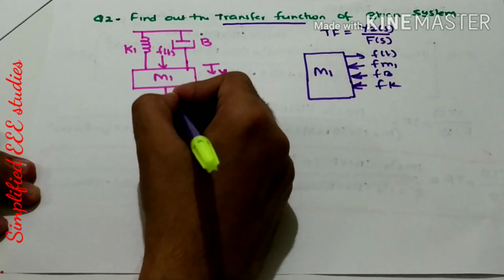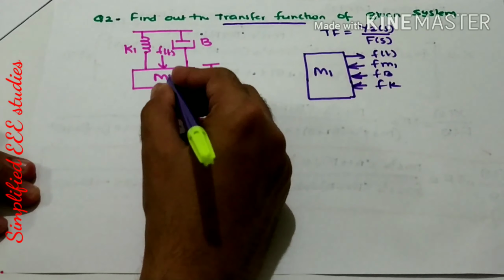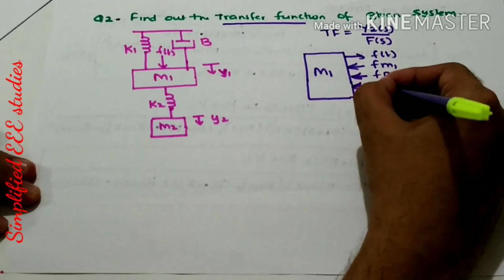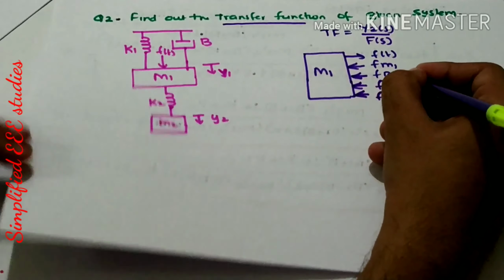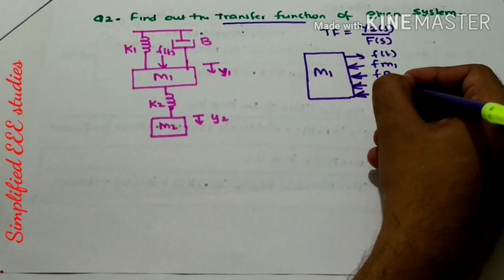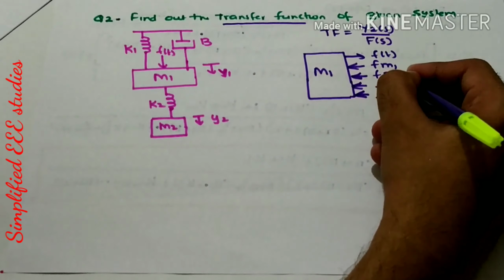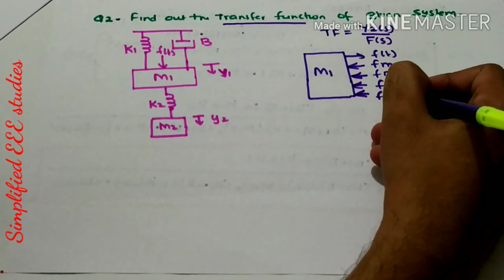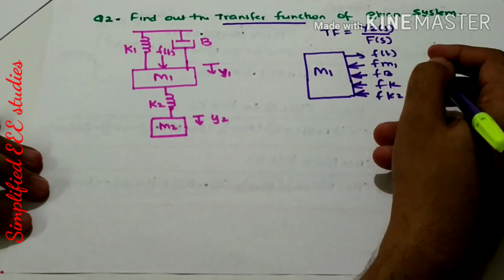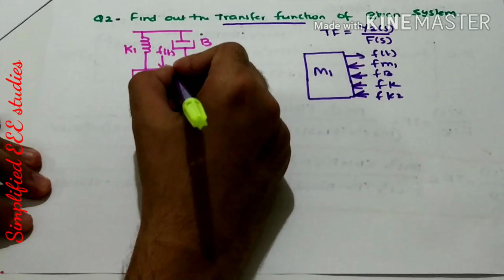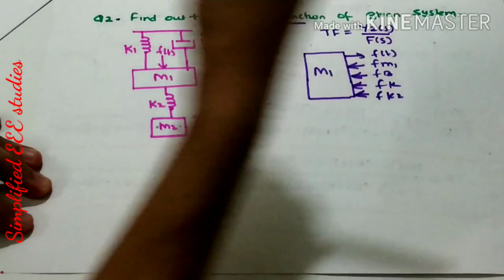Likewise, there is one more spring connected between M1 and M2, and because of this spring there will be another force denoted by Fk2. So the forces are F(t), Fm1, Fb, Fk, Fk2. These are the different forces acting on this mass M1, which we treat as a node.